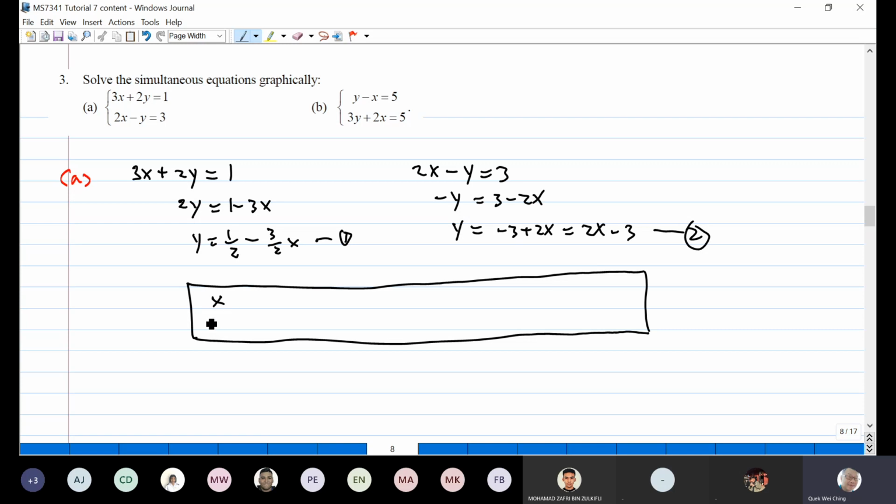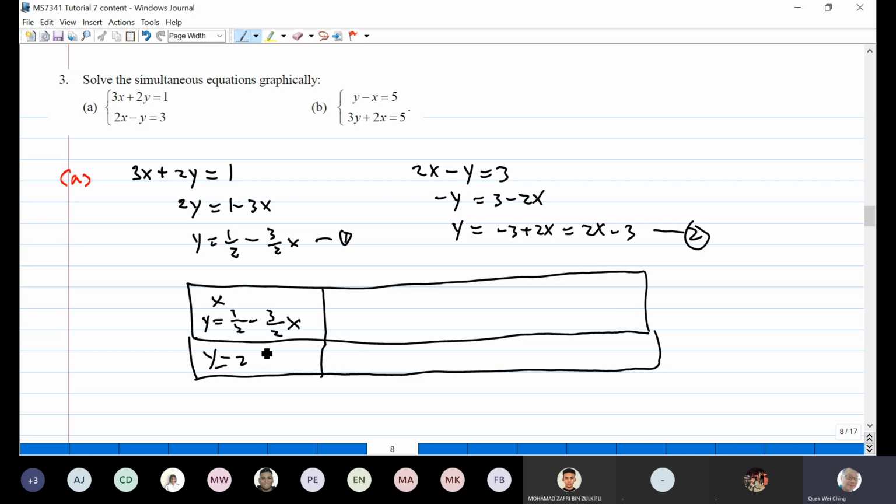The next one is the first equation, y equal to half minus 3 over 2 x. Another one is the second equation, 2x minus 3. So x and y.